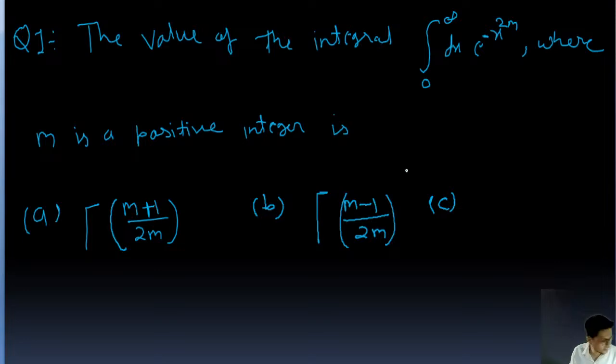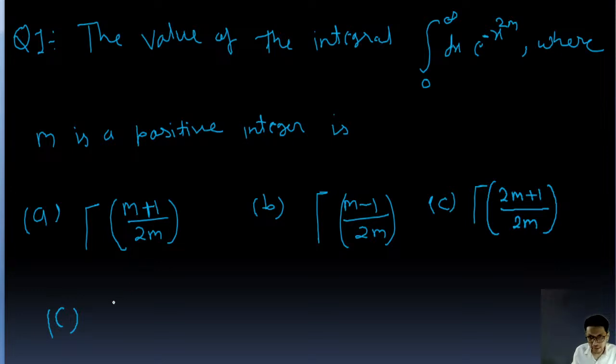Option C is gamma (2m plus 1) upon 2m. And option D is gamma (2m minus 1) upon 2m. Okay, so these are the options, guys.